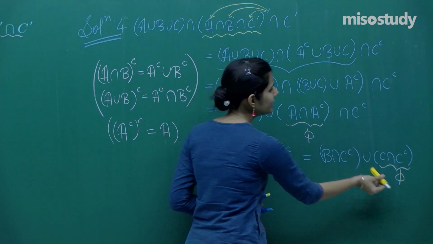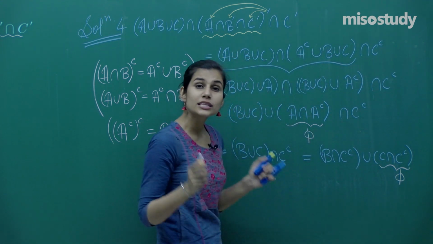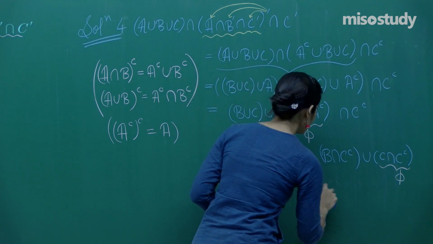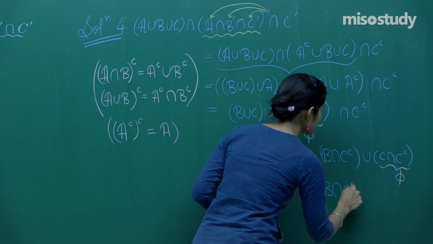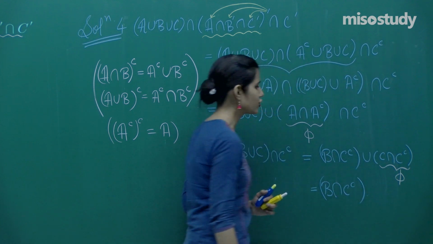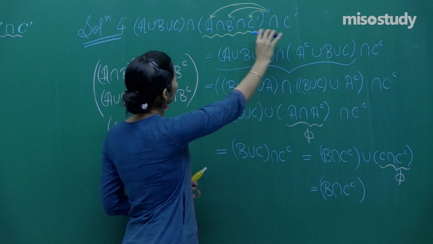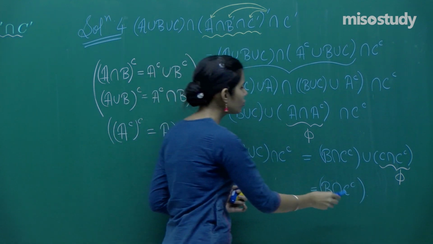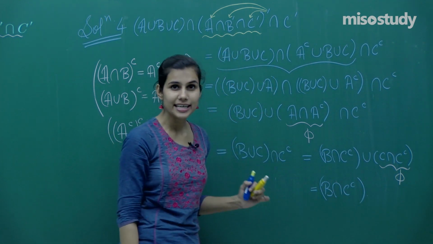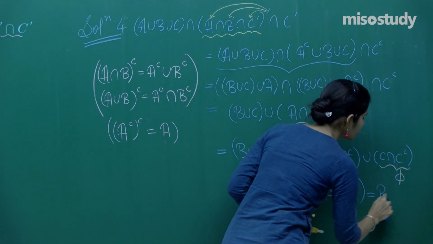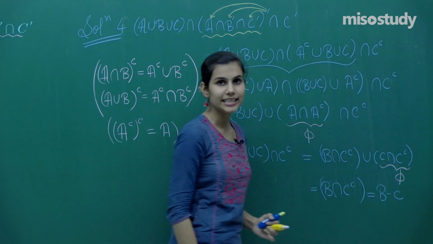Any set union the empty set gives you the same set by identity law, and therefore you get this answer as B intersection C complement. This tough looking expression has boiled down to something like B intersection C complement. We know that this is also equal to B minus C.